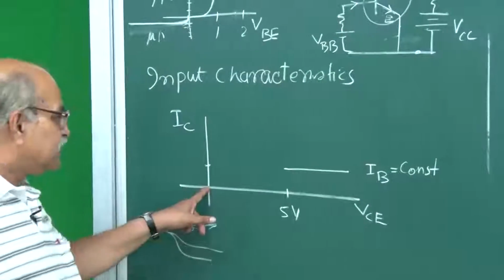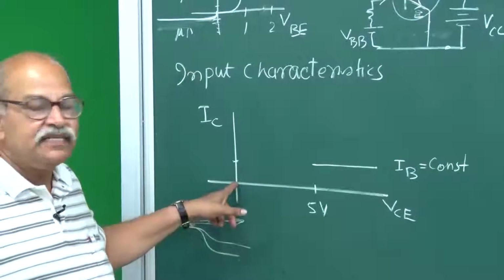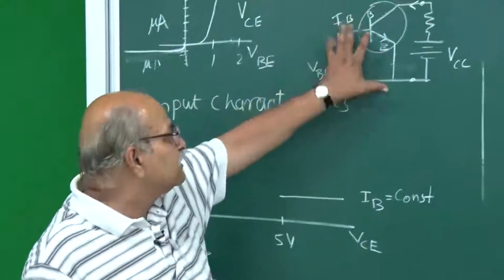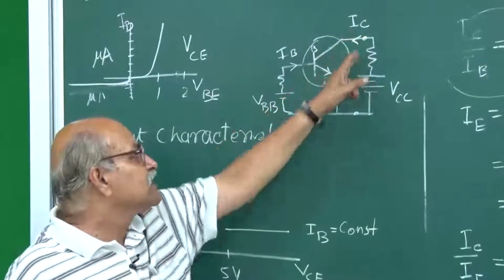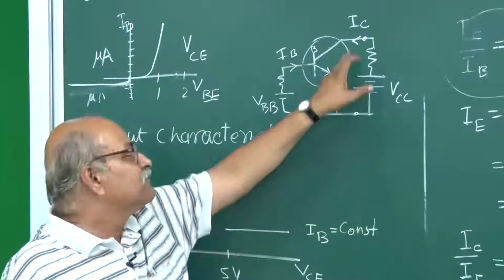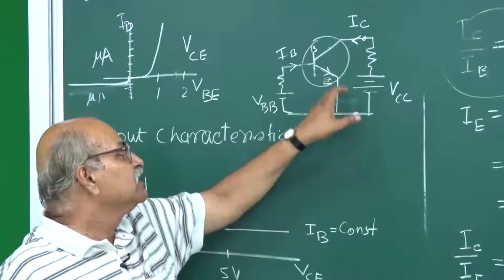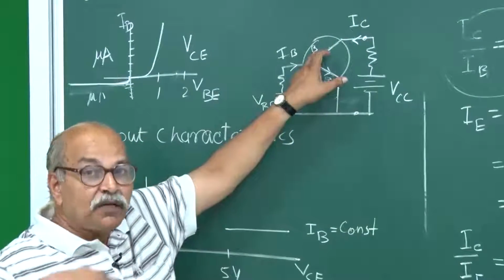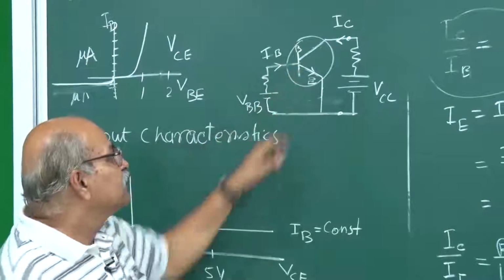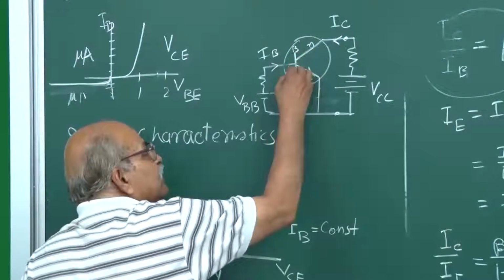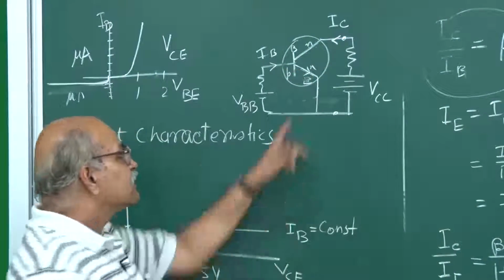Suppose VCE is 0, and suppose this junction is forward biased, so electrons are being injected here. But what will happen if VCE is 0? Then VCB will be positive, forward biased, because remember this is N, this is P and this is N, and this junction is forward biased.